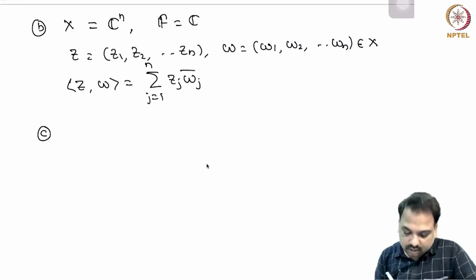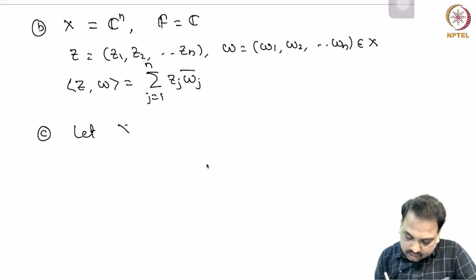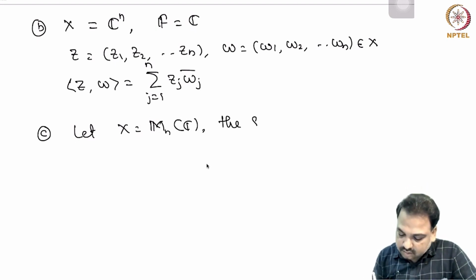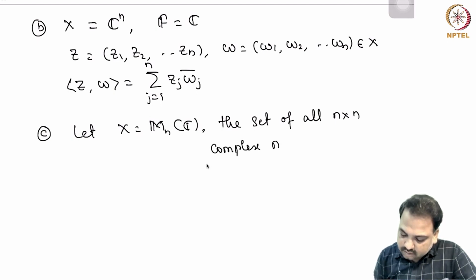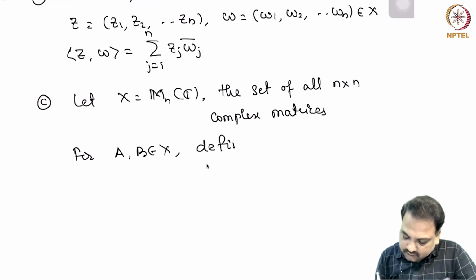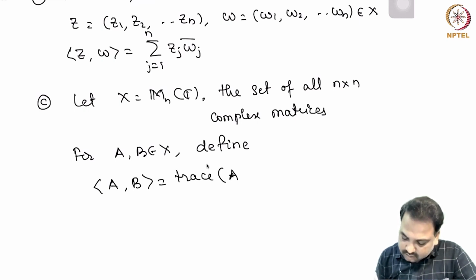Another important example, let us take X to be M n C, the set of all n by n complex matrices. So for A, B in X, let us define a function like this as trace of A B star.